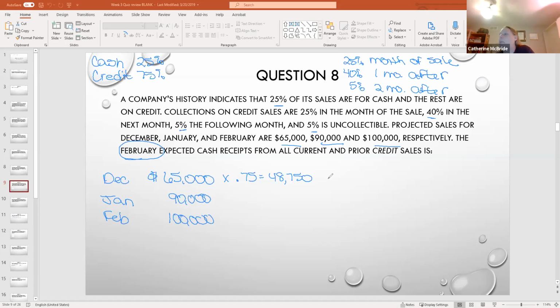We're going to collect in February 5% of December. So for December, we have 48,750 times 5%, which is $2,437.50.